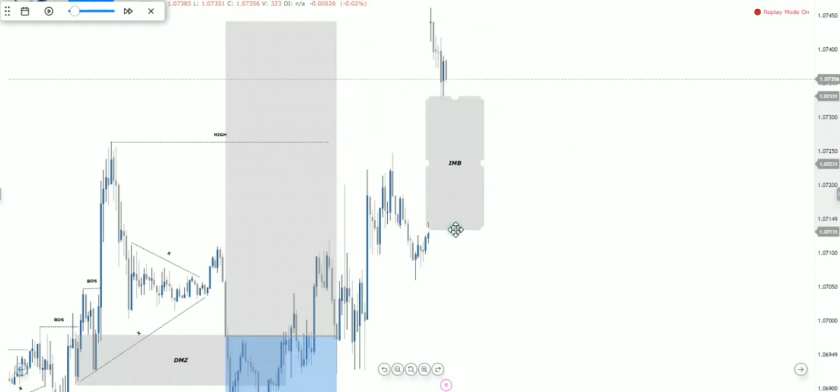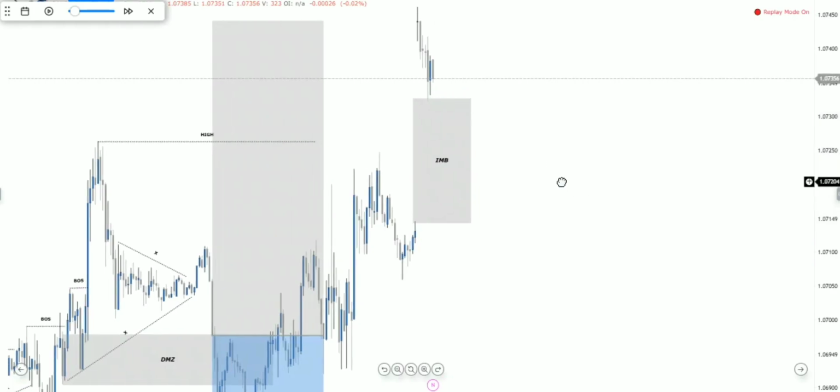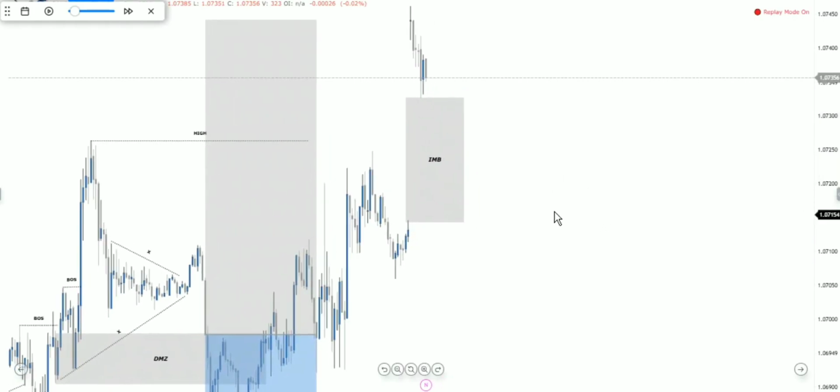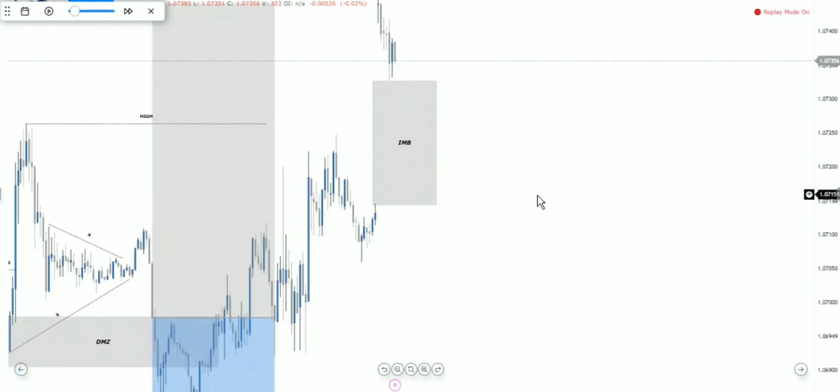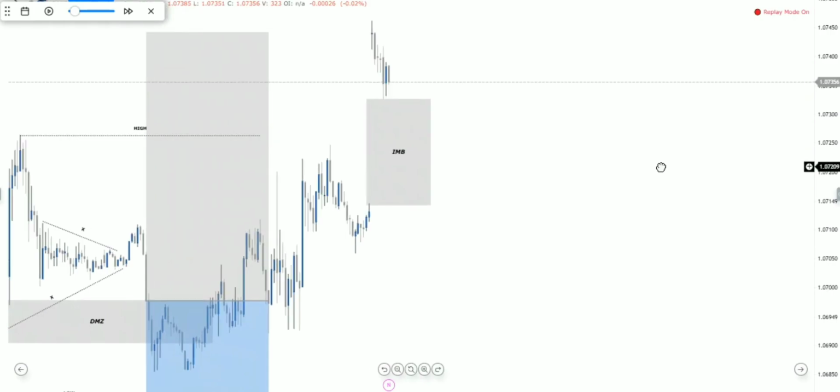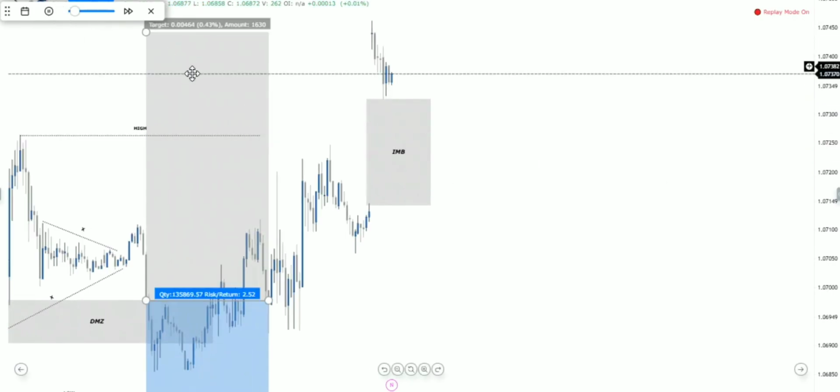Right, so that is imbalance, a price where market needs to come full, right? So what we are looking for is something like this, closing up this space over here and then continuing to the upside, right? So let's see if we can fill our imbalance.